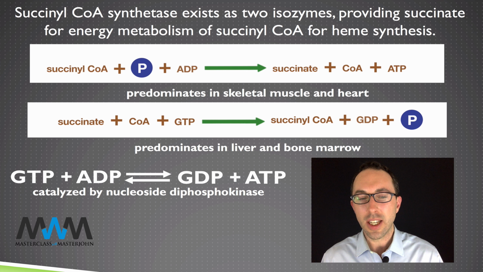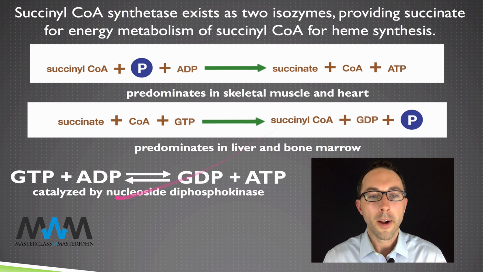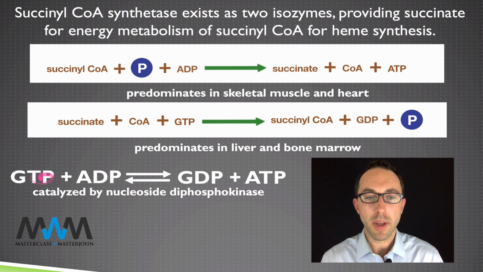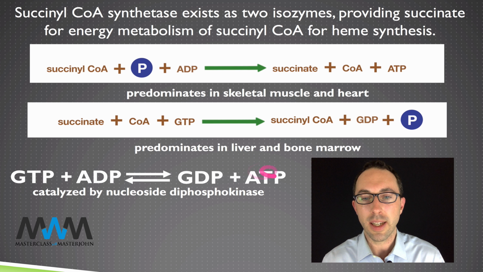The energy in GTP is equilibrated with the energy in ATP by the enzyme nucleoside diphosphokinase. If we have a lot of GTP and a lot of ADP, and we need more ATP, we will simply take the energy from GTP, invest it in ADP to phosphorylate it to ATP, and vice versa.